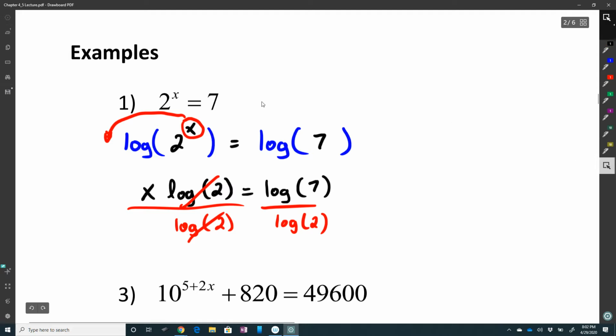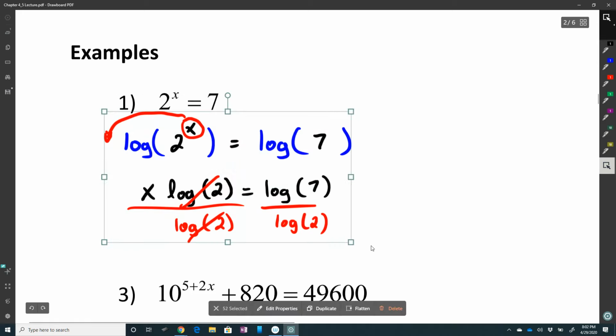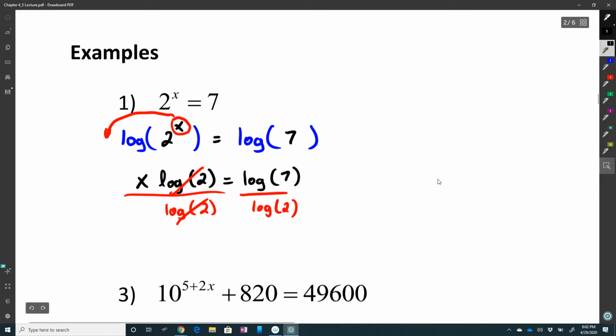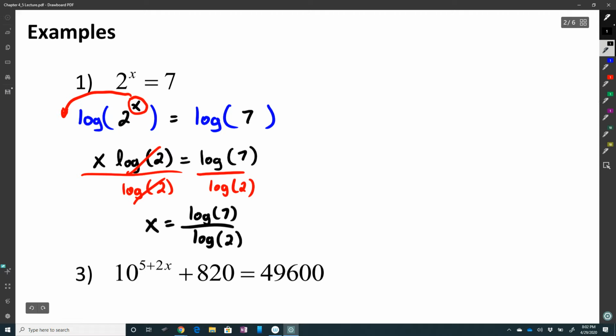So now I have x is equal to log of 7 over log of 2. All right. Now this is solving with logs.